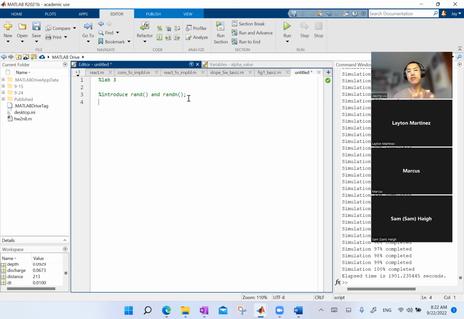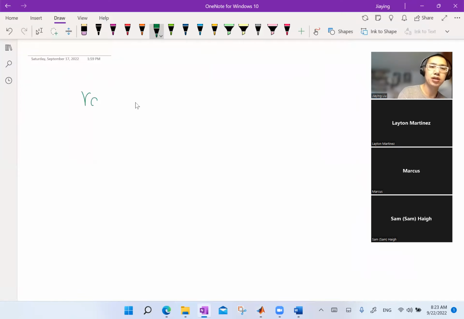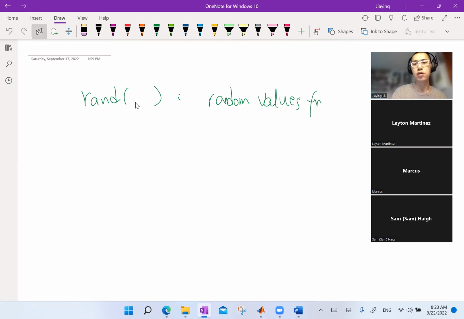Now rand will give you random values from 0 to 1. So imagine you have a number line. Each time, it picks a random value between 0 and 1. So that's the rand function.